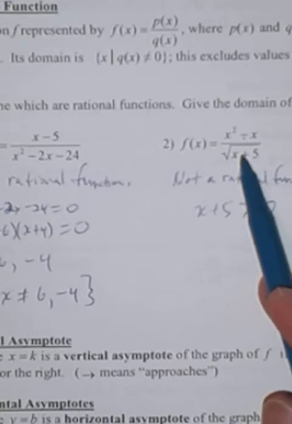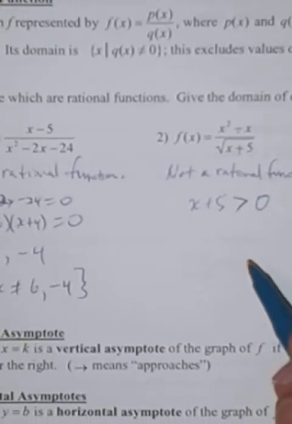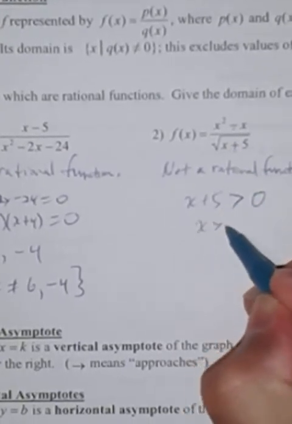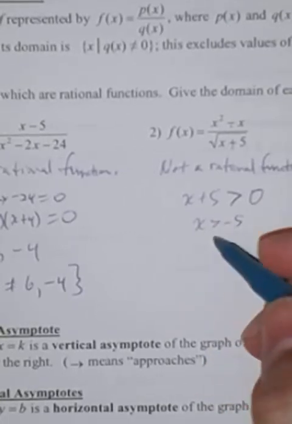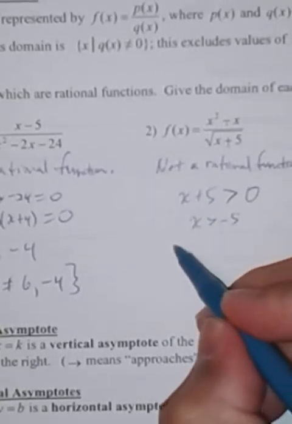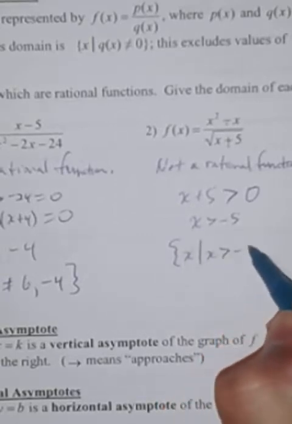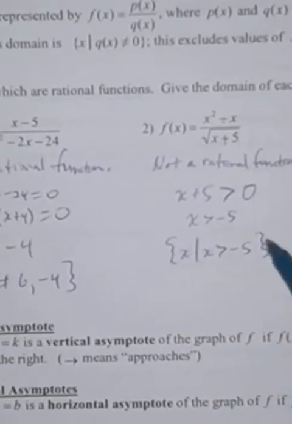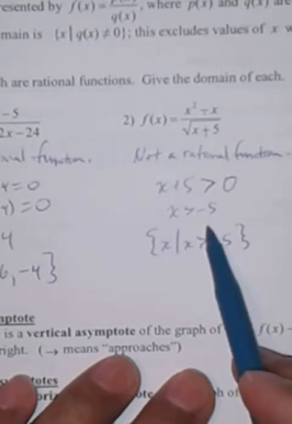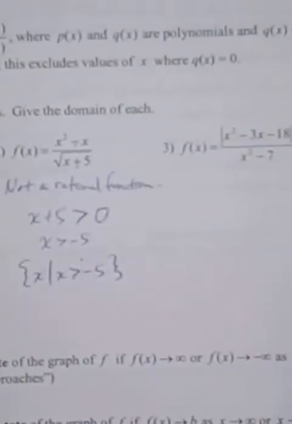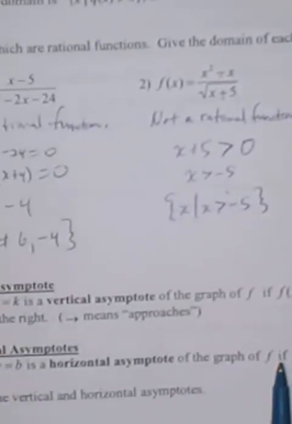Remember, it cannot be 0 because your denominator cannot be 0. So we solve, and we get x is greater than negative 5. In your book it might be written as the set of all x such that x is greater than negative 5. Whichever way you write it is good as far as I'm concerned. I'll let you do number 3, or we'll do it in class.